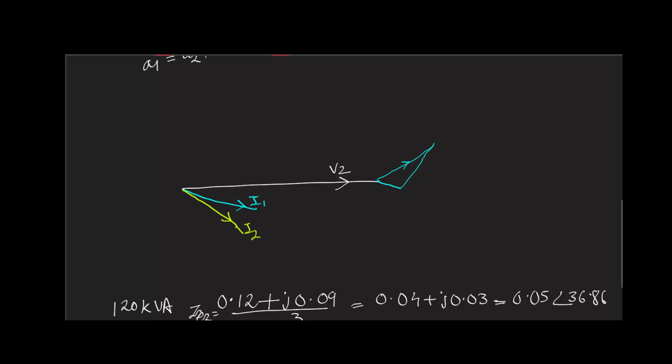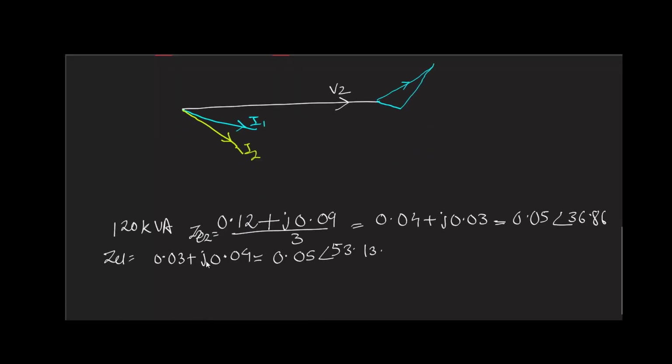Clearly, the hypotenuse of both the right angle triangles coincide, or are collinear phasors. This is VZ1, and similarly this is VZ2.